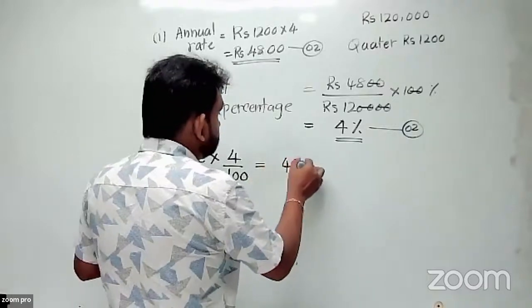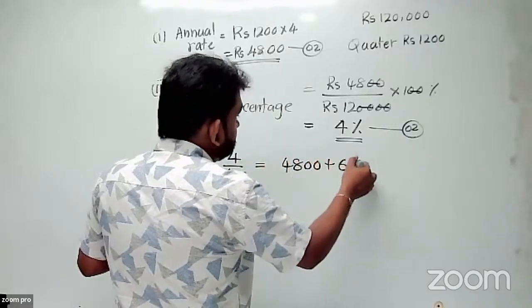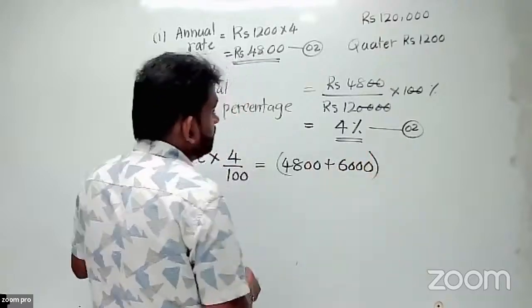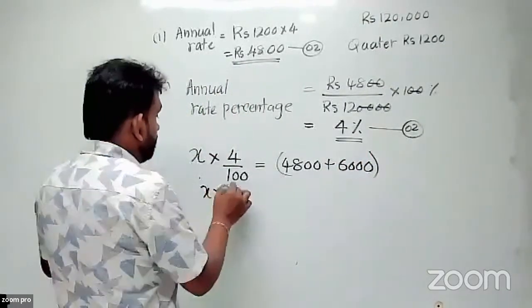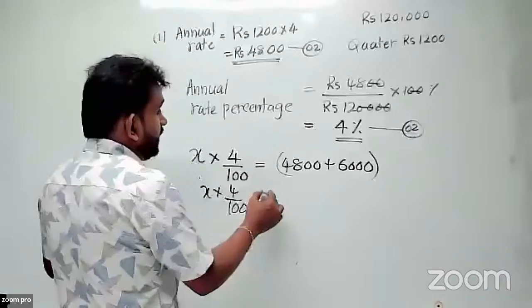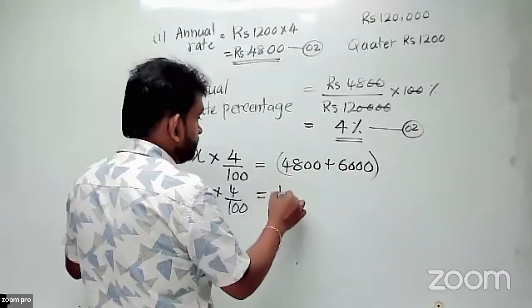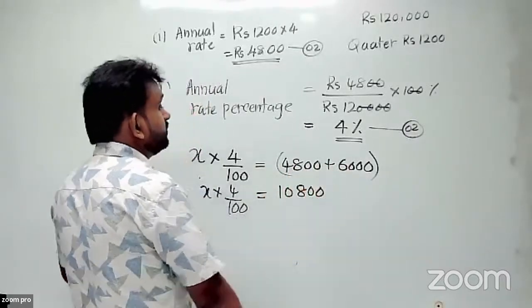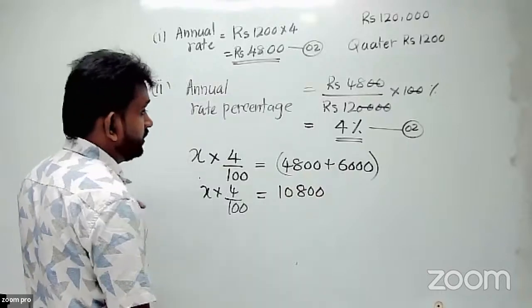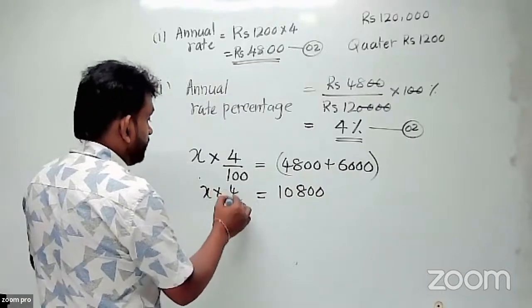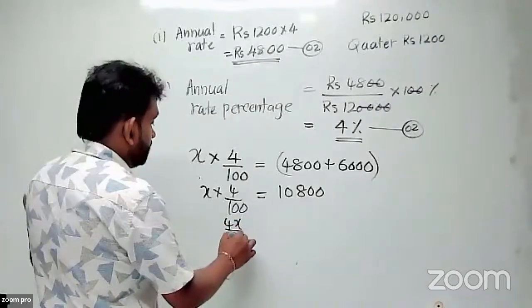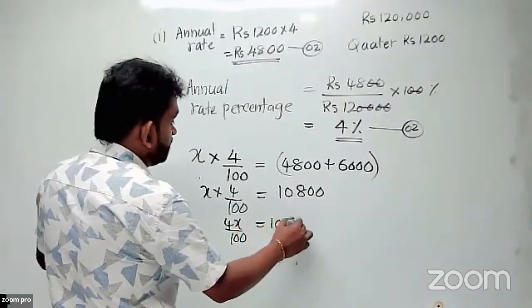That means 4,800 plus 6,000. Yes, better that one. So x into 4 upon 100 equal 10,800.